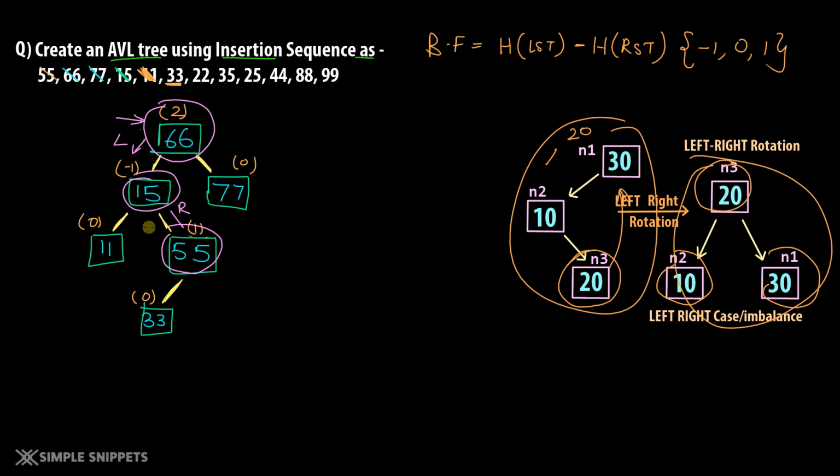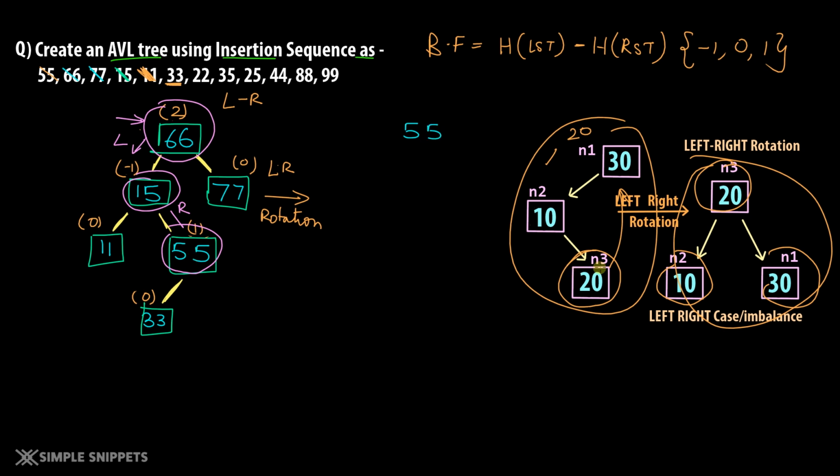Now apply this same logic on our 3 selected nodes which are in a left-right imbalance. When you apply a left-right rotation on our 3 nodes, the bottom node 55 which we have selected will become the new root node, correct? It will be transferred to the top. So let's do that. 55 will come to the top.